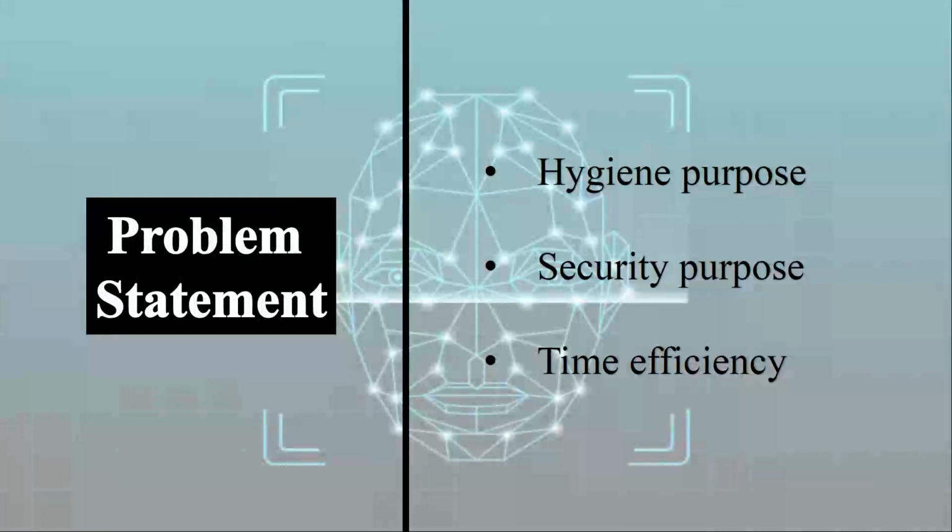There are three problem statements that my group identified, and we will go through them one by one. First up is hygiene purpose. During these times with the pandemic going on, there might be some corporations that did not have the facial recognition security system implemented yet.